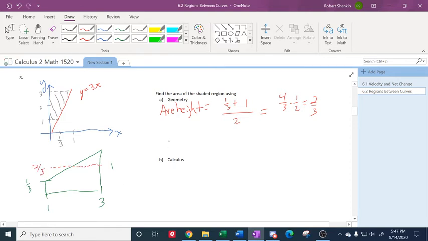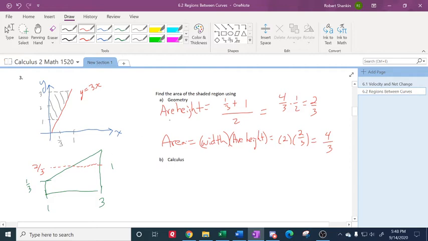So the area is the width times the average height, which is 2 times 2/3, which is 4/3. Alright, so we can come up with that.